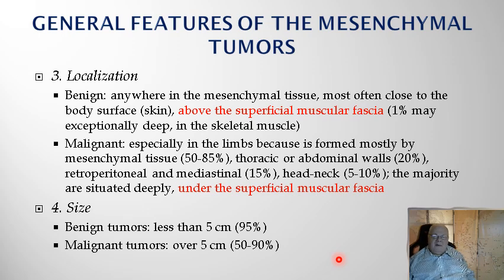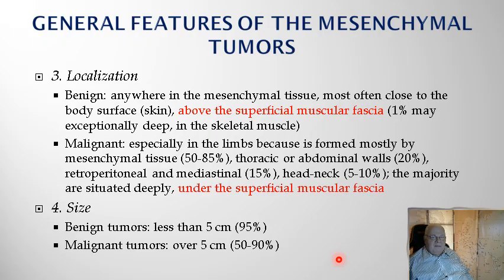Something quite particular for the group of soft tissue tumors is that the benign ones are mostly located superficially, above the superficial muscular fascia, which is covering our entire body.